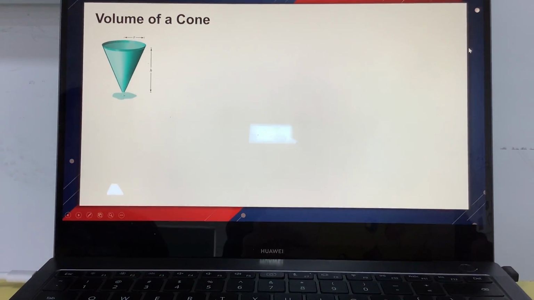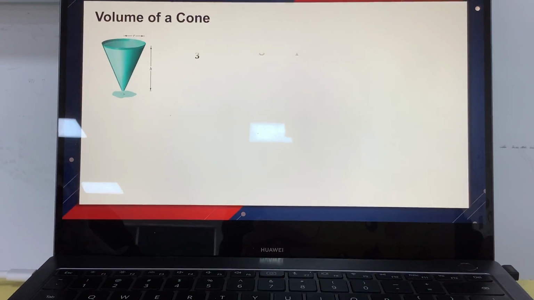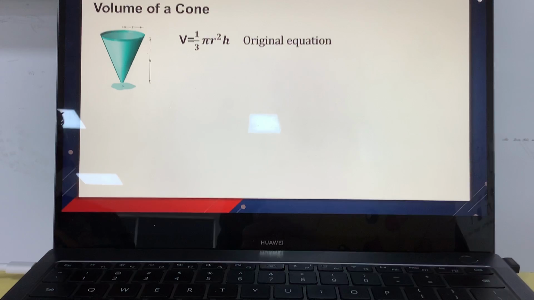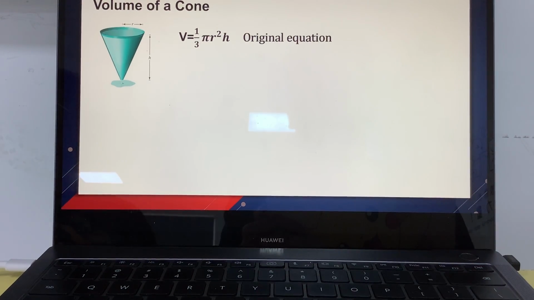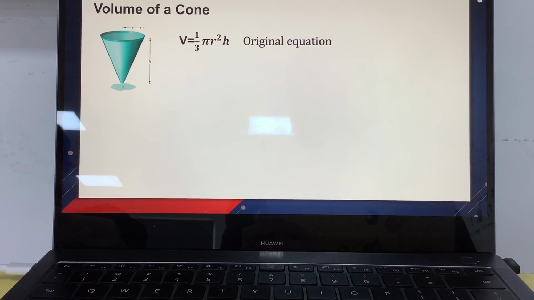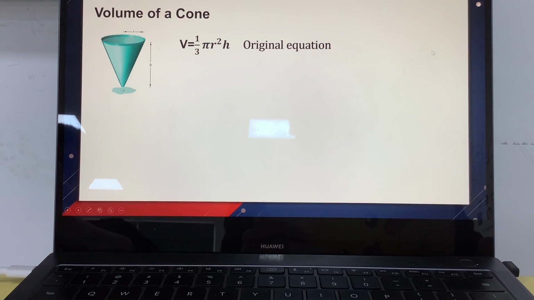Now we have a first question, the volume of a cone. The original equation for the volume of a cone is V equals 1 over 3 pi r squared h.